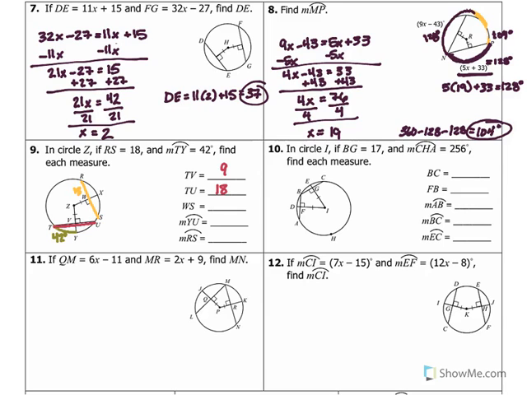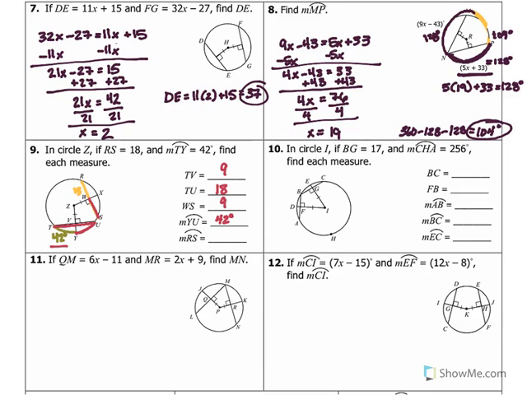Let's see, WS is half a chord, and half a chord is 9. This is WS. YU. YU is just half an arc, and we already know that half an arc is 42 degrees, so we're just going to write 42 degrees.